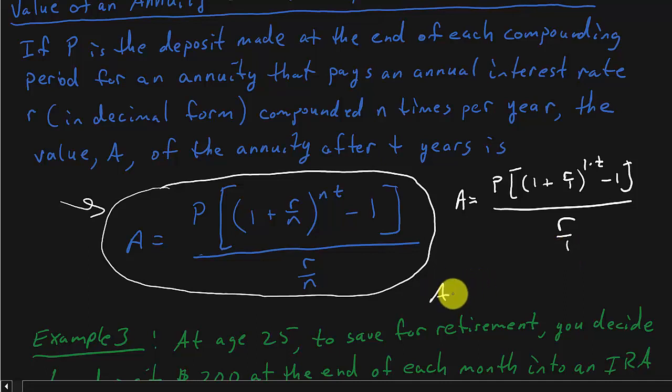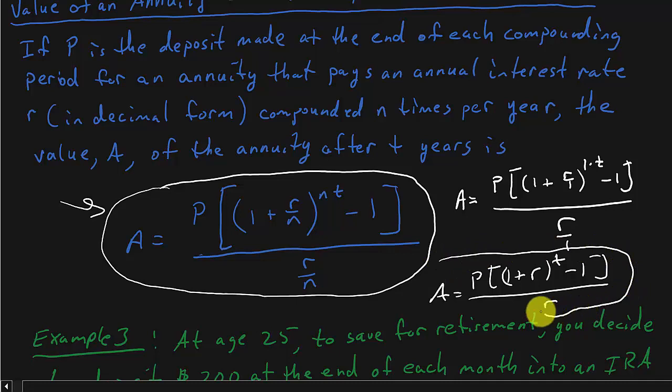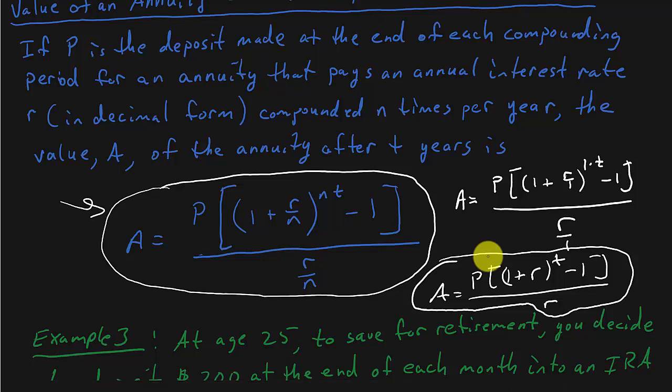And so this just turns out to be P times 1 plus R over 1, which is just R. 1 times T is T, minus 1, right? And R over 1 is R. So you can see this formula right here, that's the formula we just did. So that's why I'm telling you, don't worry about remembering that formula. Just remember this one.